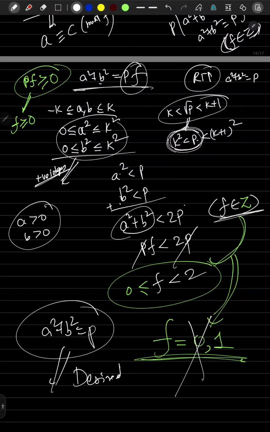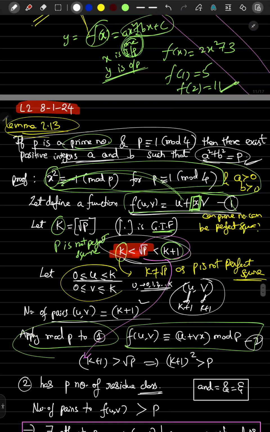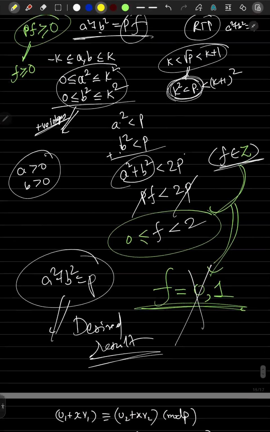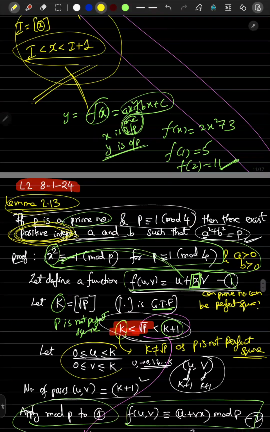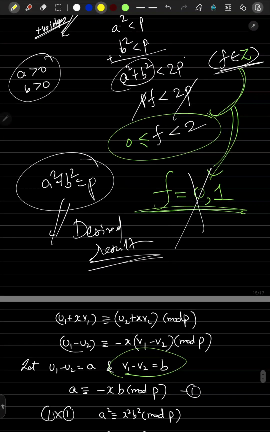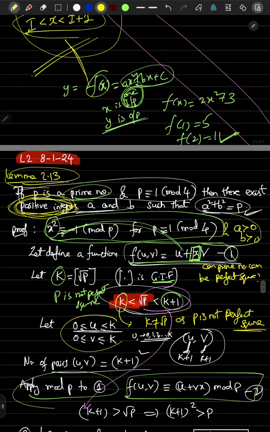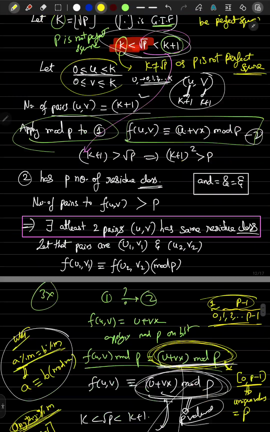See why they explicitly mentioned positive integers: if you don't mention it, a or b can be 0, then there will be two values and we cannot conclude anything. This is the important thing.